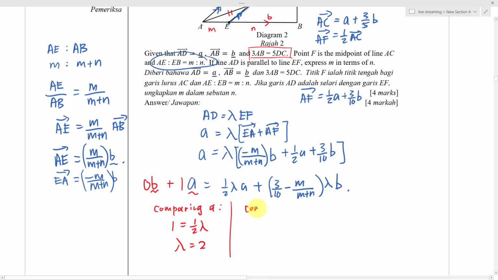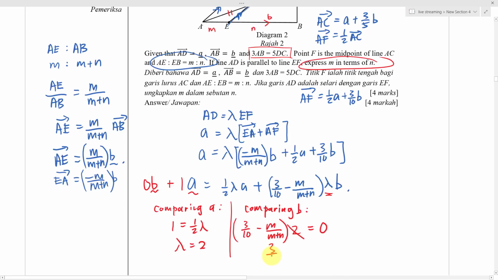And then I will compare my B. So if I compare B here, you can see my B is equal to 0. So I say 3 over 10 minus M over M plus N, lambda is 2, equals 0. Then I want to solve this equation, and my final result should express M in terms of N. So 0 divided by 2 is 0.